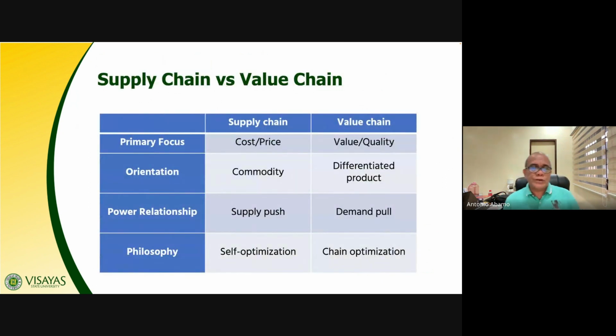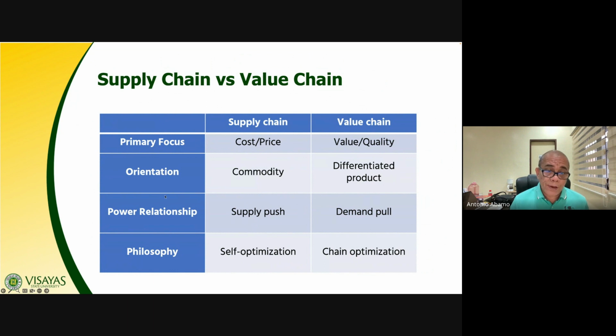For supply chain, the primary focus is cost and price, while for value chain, the primary focus is value and quality that is demanded by customers. The orientation for supply chain is commodity, while the orientation for a value chain is differentiated product depending on customer specification.